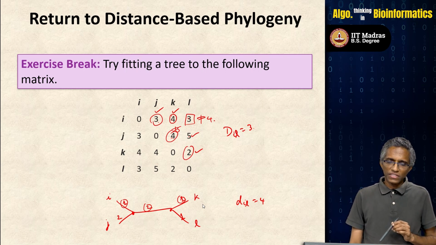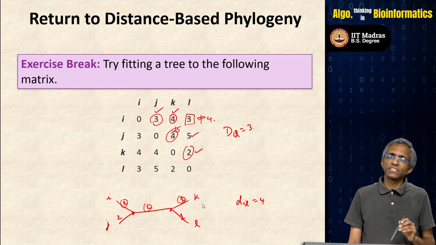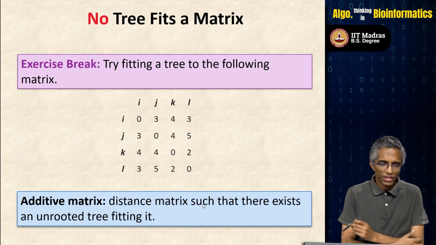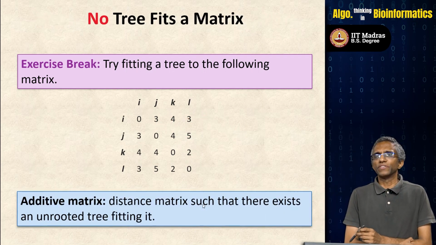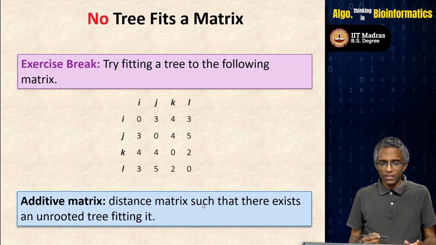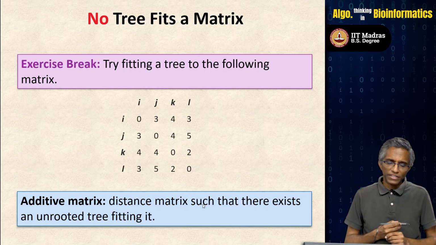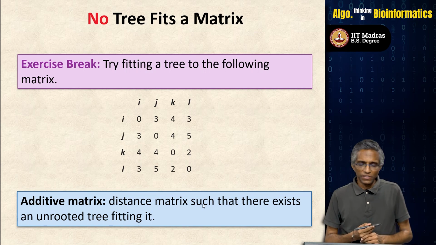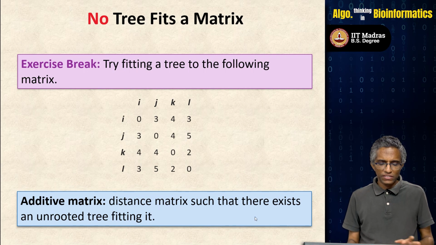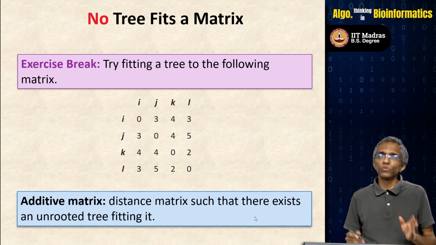And then let us start thinking about the existence of a tree fitting a particular distance matrix. There may be distance matrices that will not fit any tree, and in that case, let us just say that an additive matrix is a distance matrix such that there exists at least one unrooted tree fitting it.